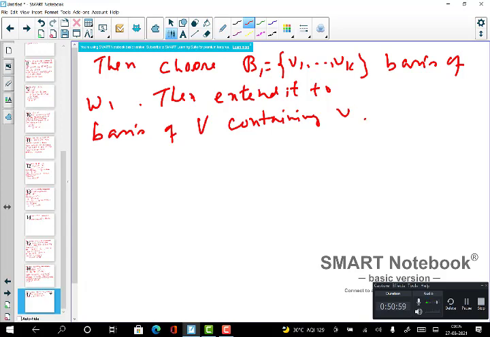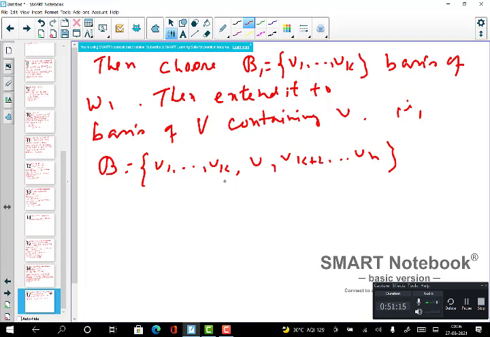So what does that mean? You can write down the basis v1 up to vk, and then v, and then vk+2 to vn. Okay, so what is the advantage here? Because v is not inside W1, it is outside the span of v1, v2, ..., vk. So v is linearly independent with v1, v2, ..., vk, and this is a basis of V, right?